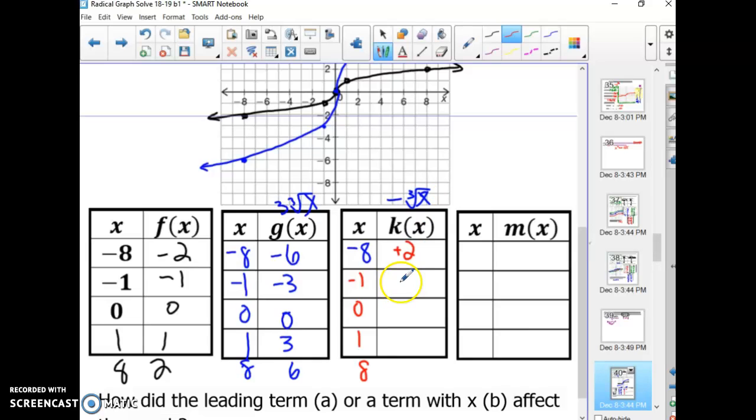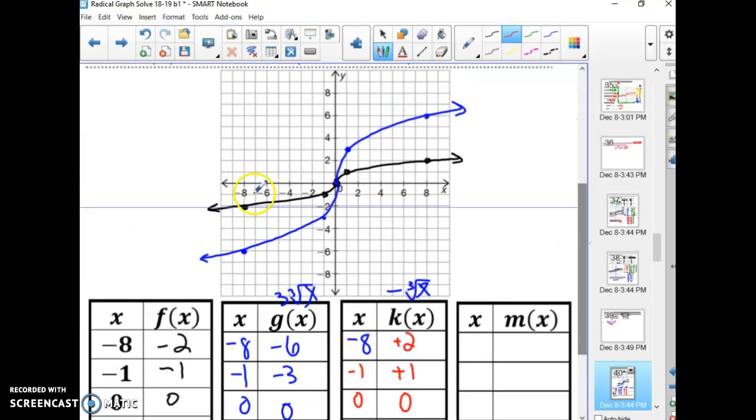A negative 1 times a negative is going to become a positive 1. 0 will stay 0, but a positive 1 times a negative will become a negative 1, and then 2 will become a negative 2. So it flips. So negative 8, 2, negative 1, 0, 0, 0, right here, right here. So I curve up, and I curve down, and then there is that reflection over the x-axis.